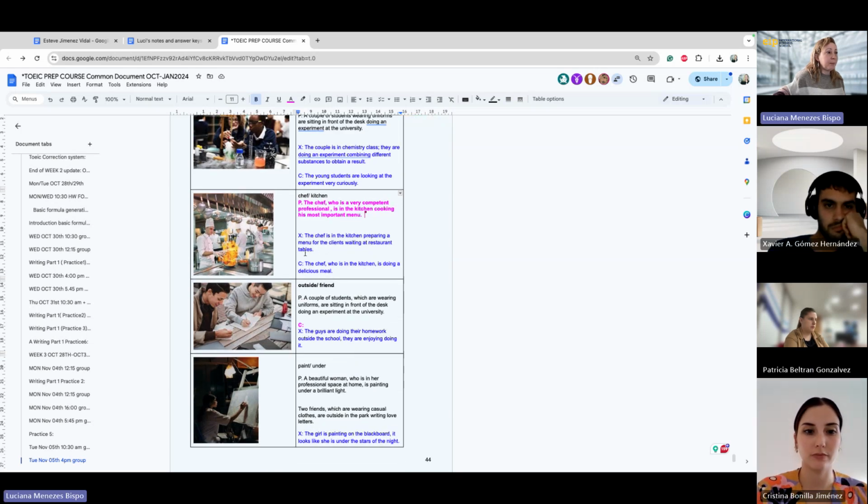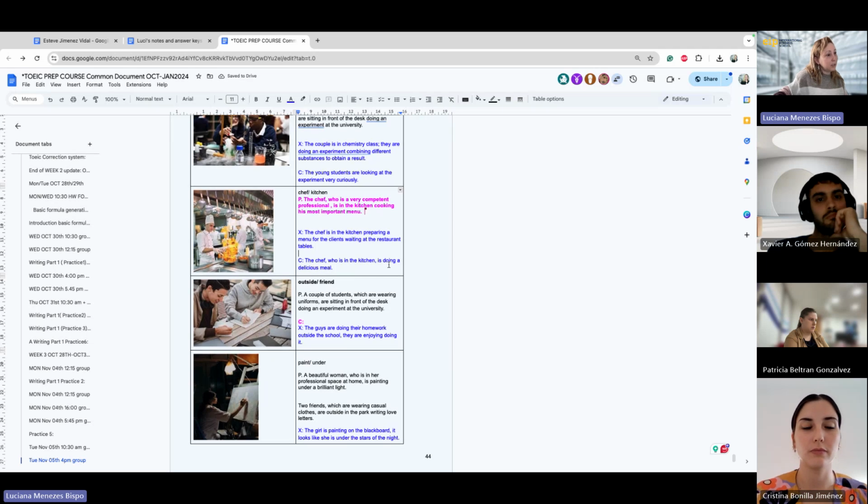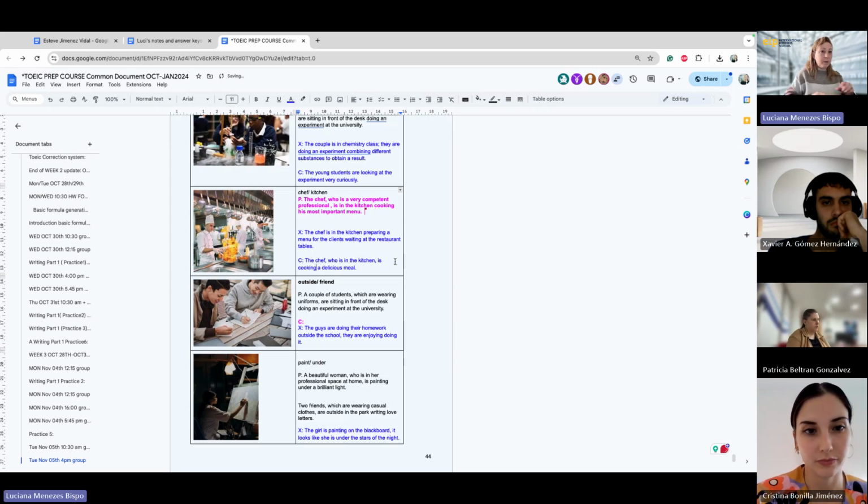The chef is in the kitchen preparing a menu for the clients waiting at the restaurant tables. The chef who is in the kitchen is doing a delicious meal, only that we cook meals and we make dishes.